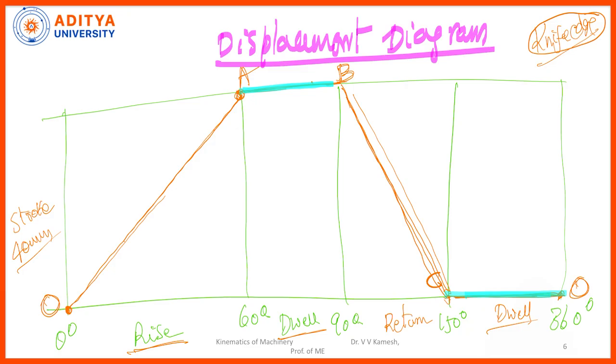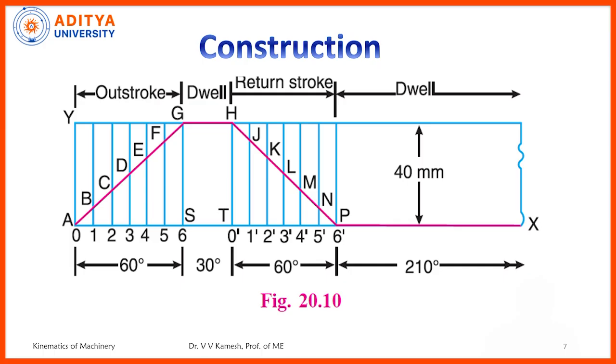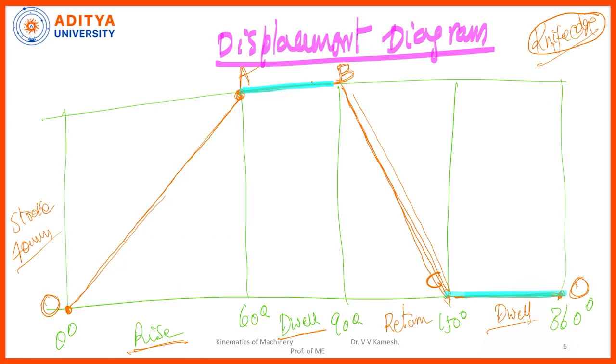After drawing this OABCO, this is actually the displacement diagram, but we cannot trace the same thing onto the chart for the cam profile. So, we need some points to trace the curve, right. So, for that benefit, what we need to do is divide this into some equal parts, right, so that your curve will be very smooth. And how many parts we need to divide, it is decided by observing the angle.